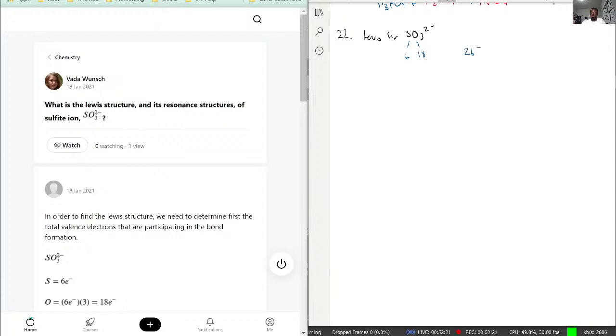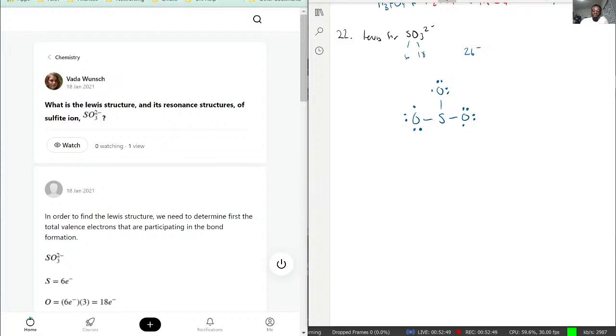26 electrons. So we would put the sulfur in the middle. And 1, 2, 3 oxygens. And then we have 1, 2, 3, 4, 5 more of the 6, because the other one is in the bond. And 1, 2, 3, 4, 5. So there we have it. Now let me just double check here.